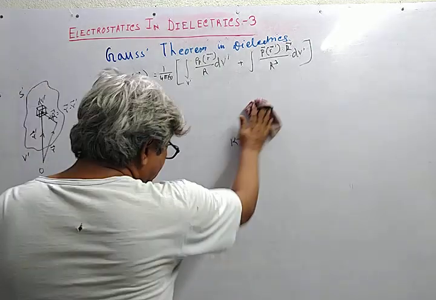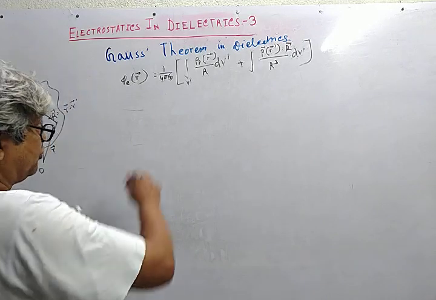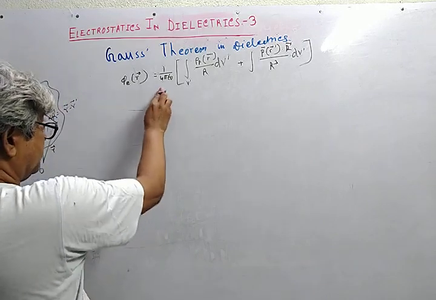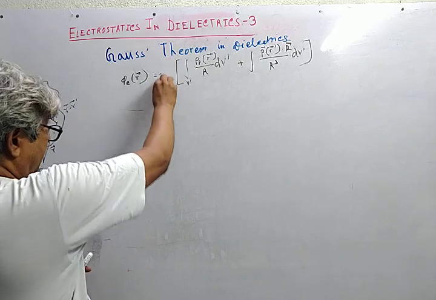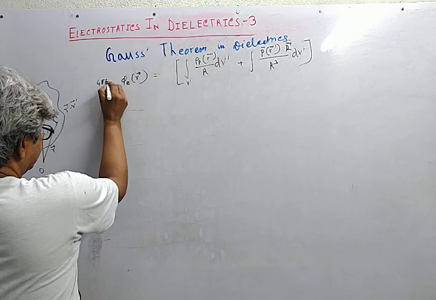Now we can use the nabla operator. First let me do one thing. To save labor, I just write this 4 pi epsilon naught part on this side.